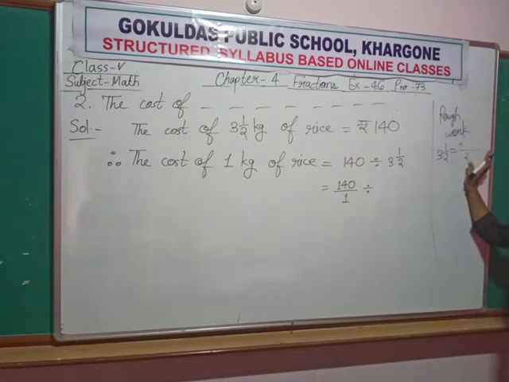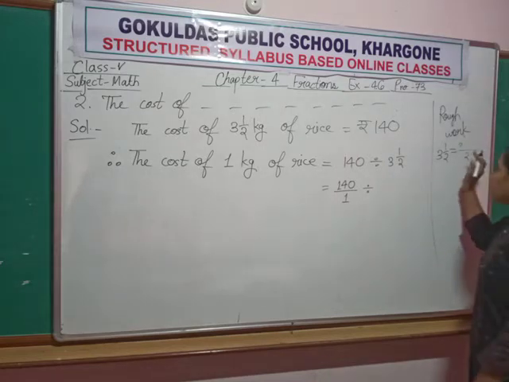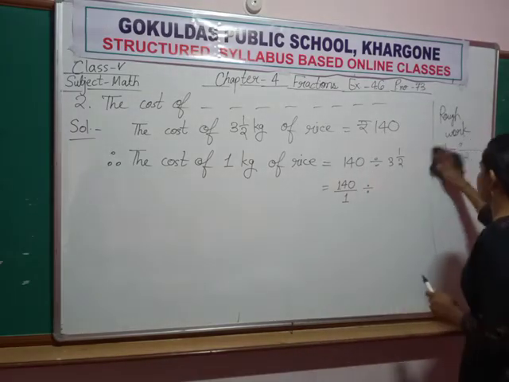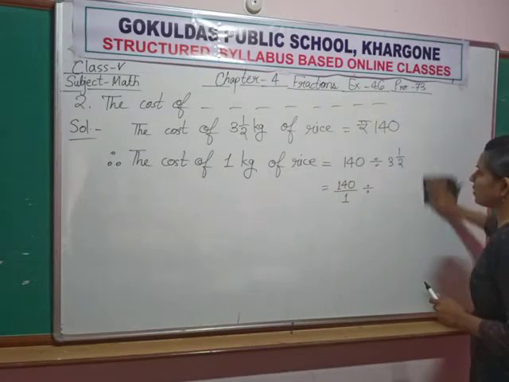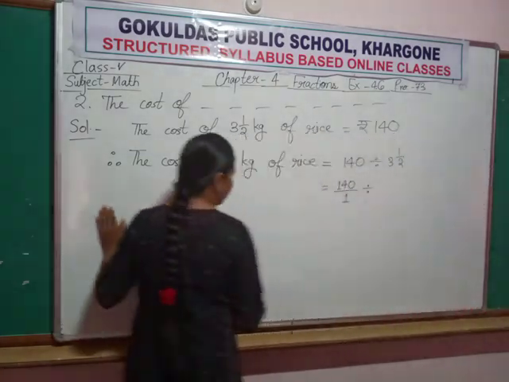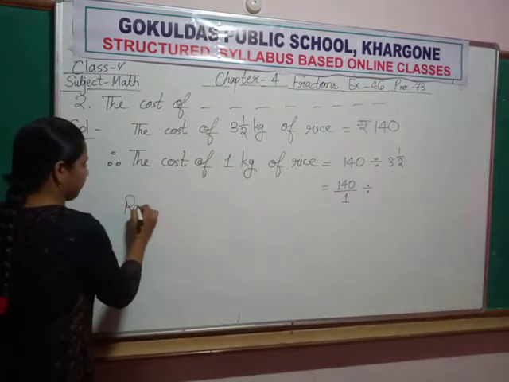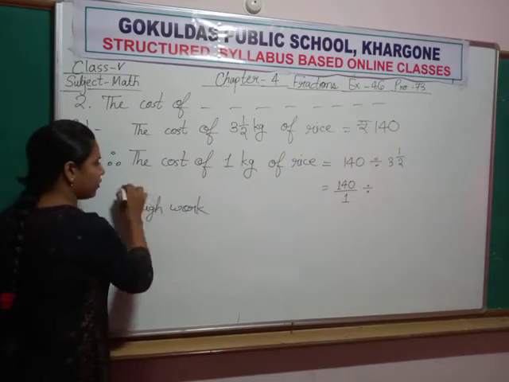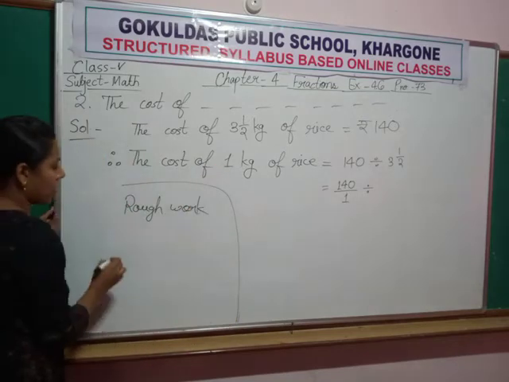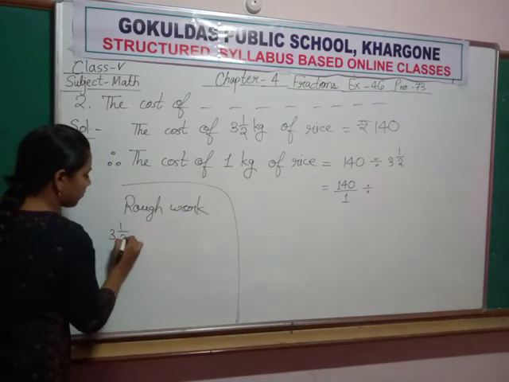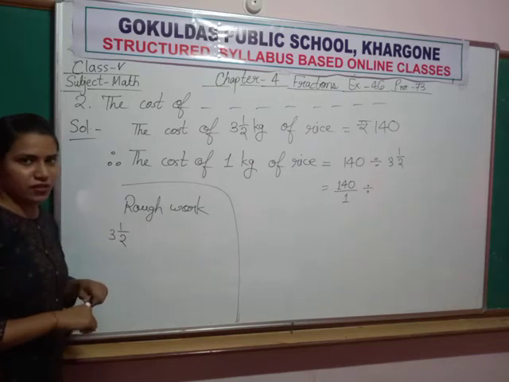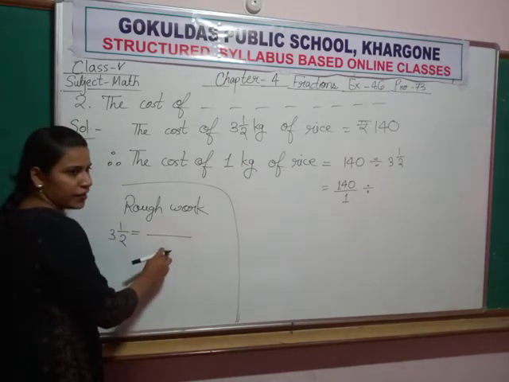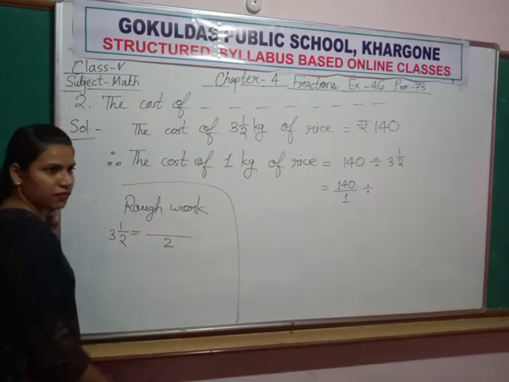Now in the numerator part what do we do? I think it is not visible, so I am showing you rough work here, okay? What is the task? Your task is to convert this mixed fraction into an improper fraction. So how do we convert? You know. We write the denominator in the denominator part, right?